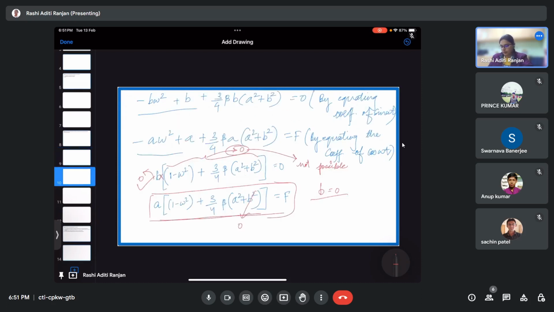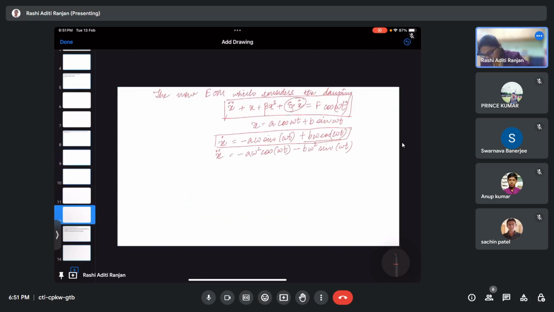Okay, now if I equate the coefficients of sine omega t and cos omega t of the new equation, we get what?